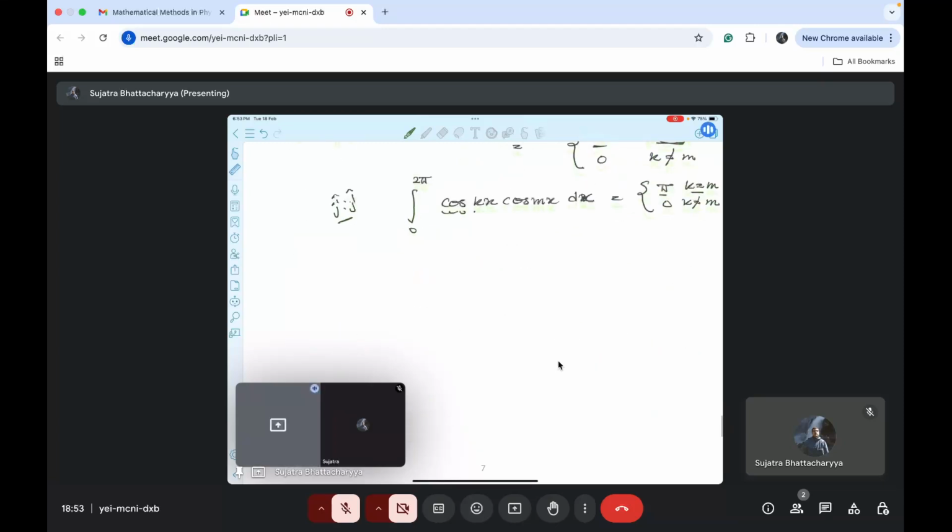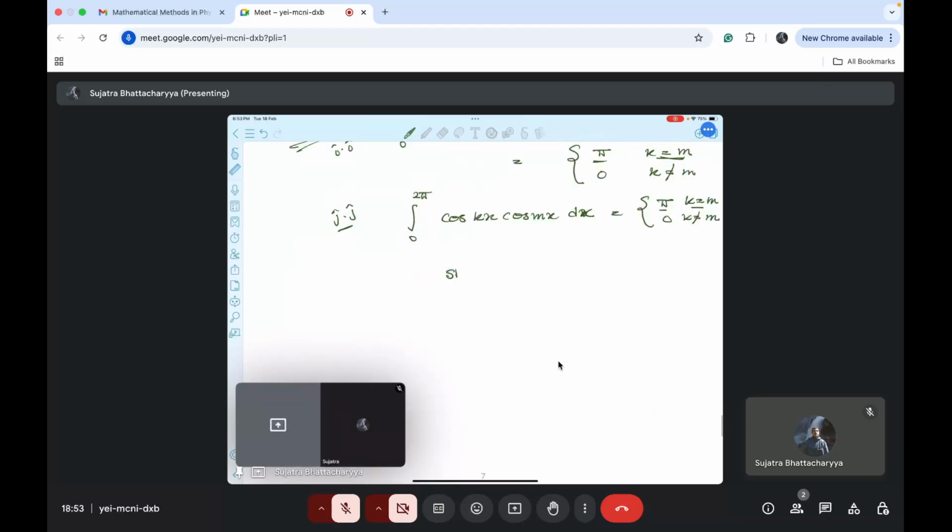So sine and cos form an orthogonal basis. So the concept of basis comes here.